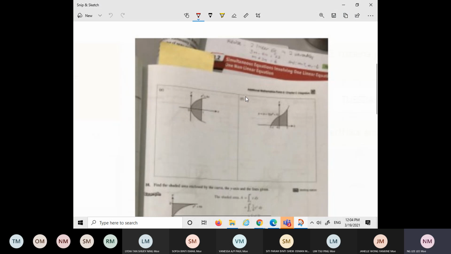Correct or not, Janelle, these questions? Here is 1, here is negative 1. The function is this, x squared plus 1.